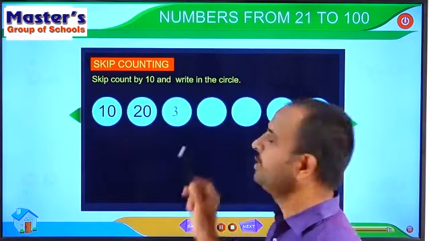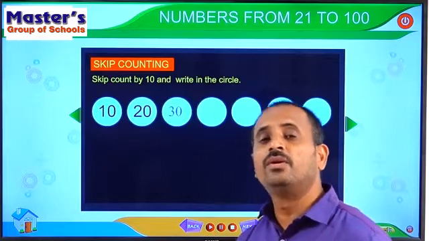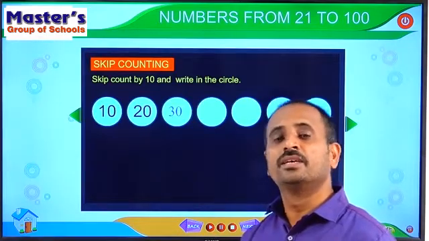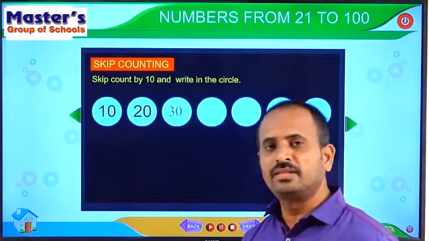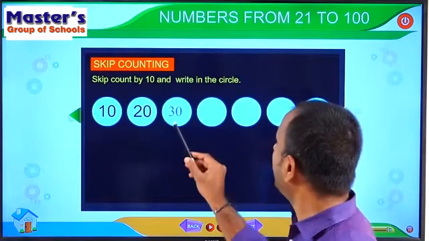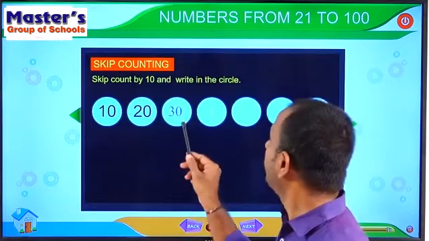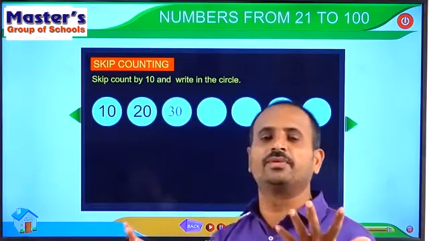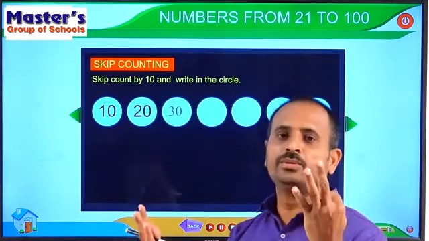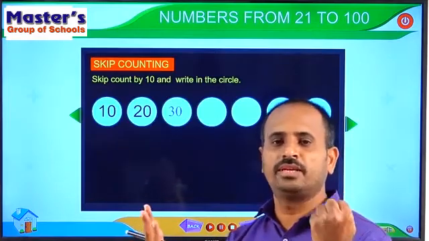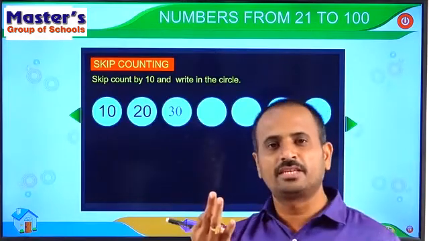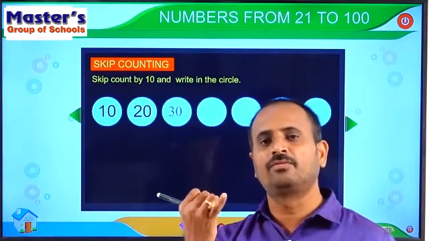So write 30 here. Already you have learned addition on fingers in the first chapter and also in the second chapter. And again add 10 to the 30. What will you get? If you add 10 to the 30, after 30 comes 31, 32, 33, 34, 35, 36, 37, 38, 39, 40.